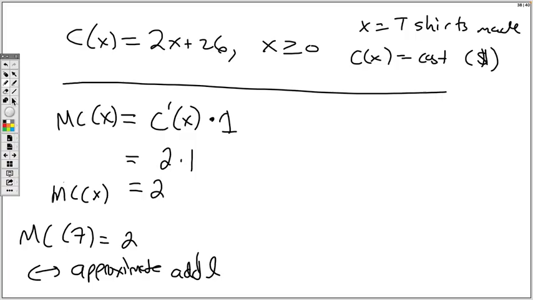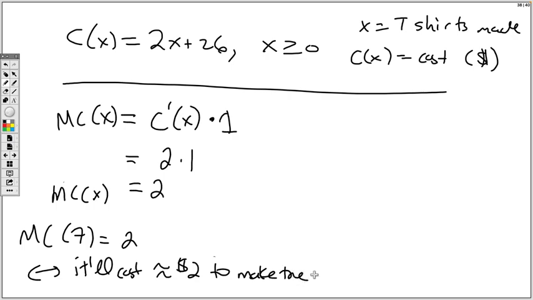Or we could write it this way: it'll cost approximately an additional $2 to make the 8th t-shirt.